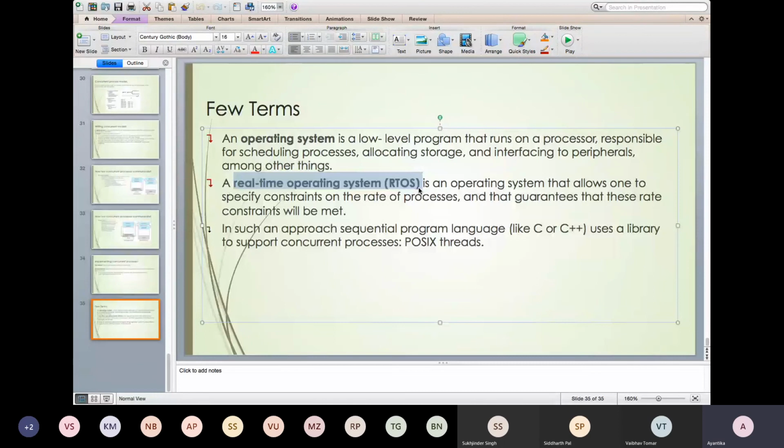Whenever this discussion comes in the second part of this course, Professor Sarkar will give you more insight about this RTOS operating system, its scheduling, and how these schedulers can be designed or modeled. So this part will be taken in the next part of this course.